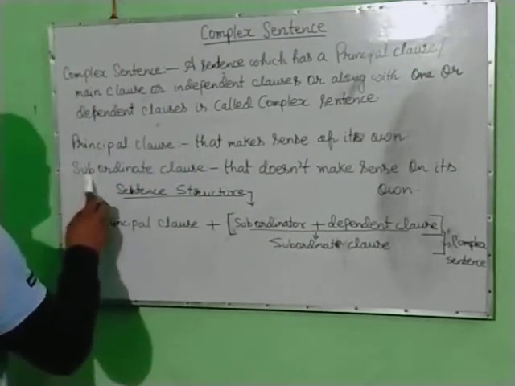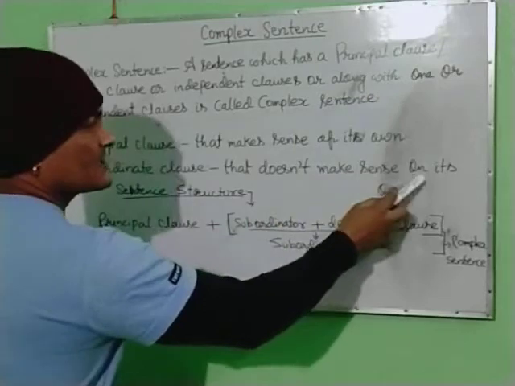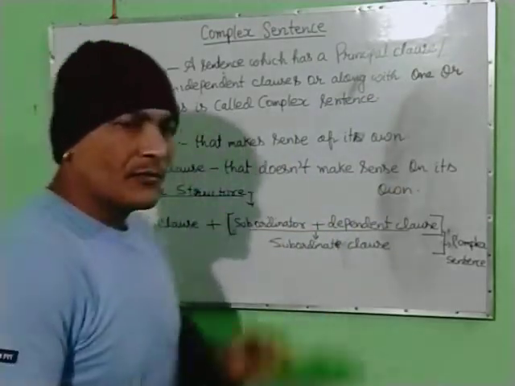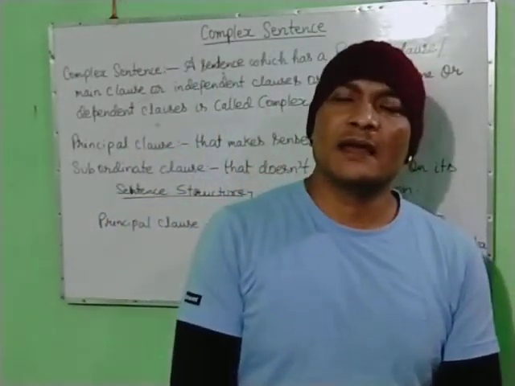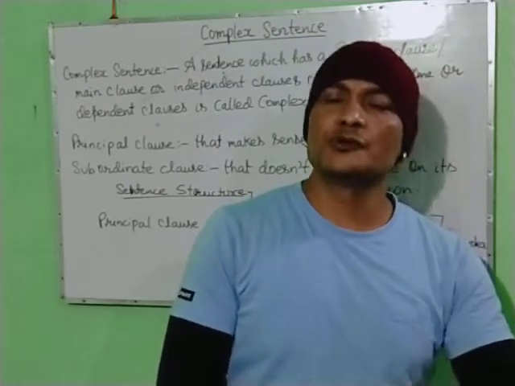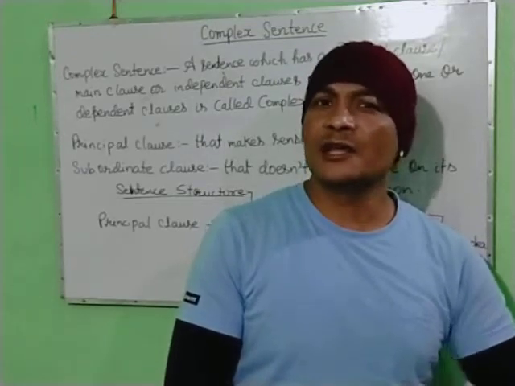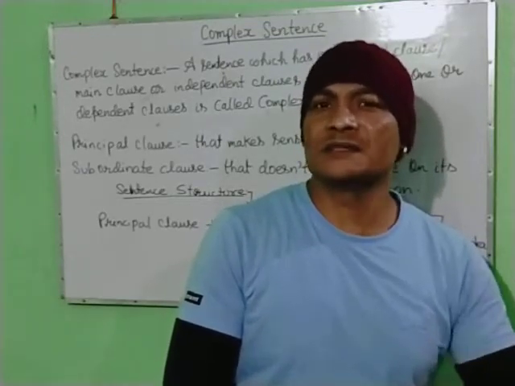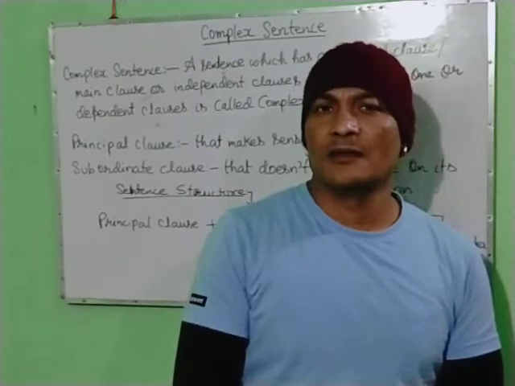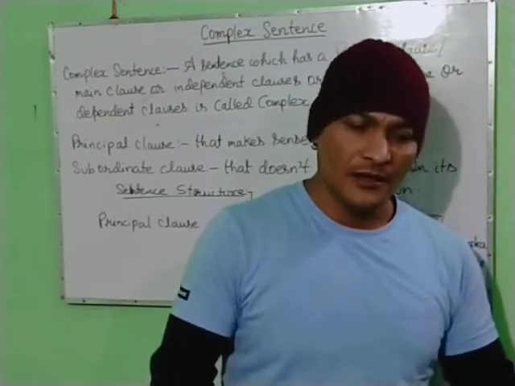Next one, subordinate clause. It means that it does not make sense on its own. Subordinate clause उसको बोला जाता है जो कि दूसरे पर निर्भर है, जो कि अपना it does not make a complete sense. It makes an incomplete sense.